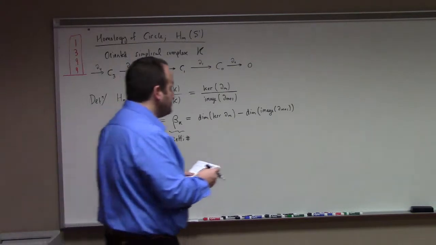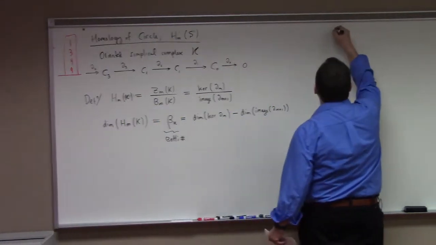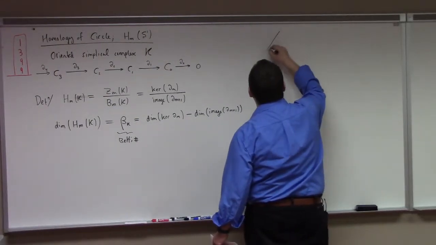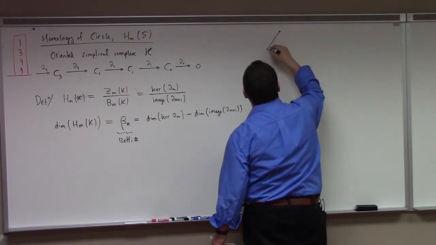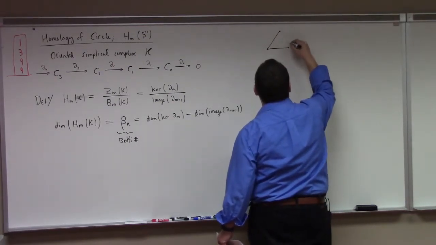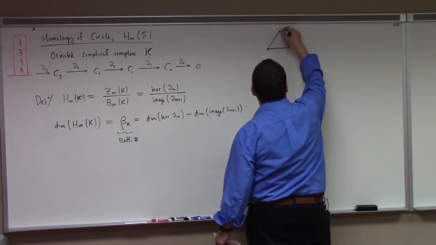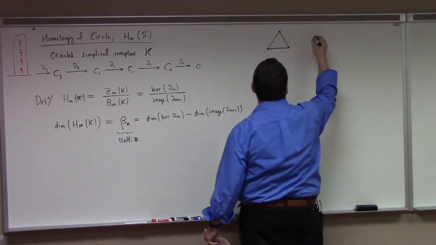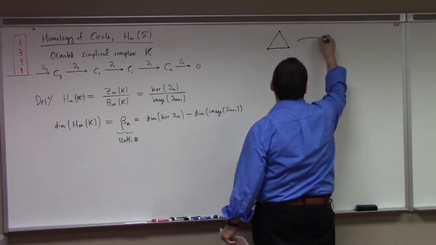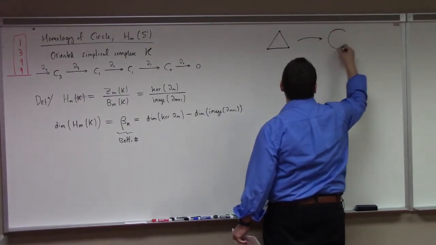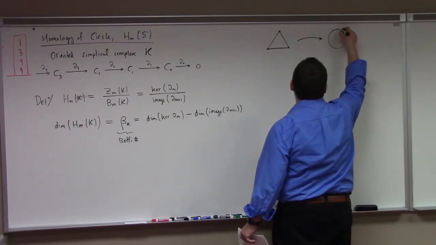So for a circle, we just look at this. If you take this triangle, and not the solid triangle, but just the edge, okay? Not the filled-in triangle, but this. You can see that you can deform that without tearing, right, to this.